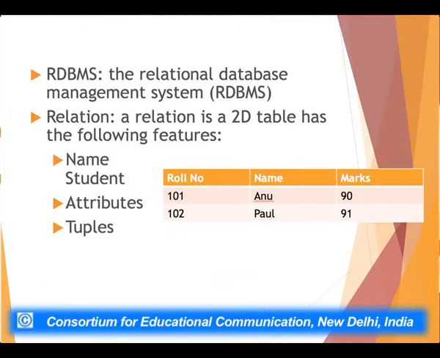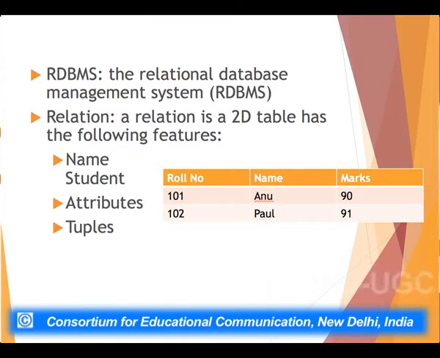So, in relational databases, a table is what is known as a relation. As I just told, a relation has rows and columns. The rows in the table are known as tuples, the columns in the table are known as attributes, and a table or a relation always has a name in the database.